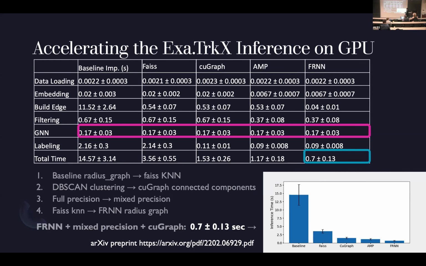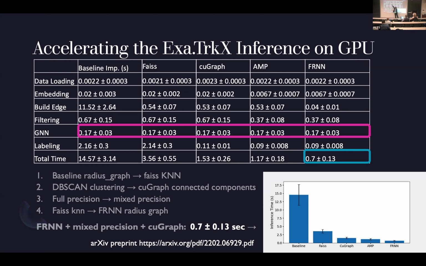Sorry, can I stop that? I'm probably too stupid. How do I read this graph? Is cuGraph doing all of this? No. Every column is an improvement. Yeah, but an improvement on what part? The second column improves build edges with Faiss. Is Faiss only used for the graph building?